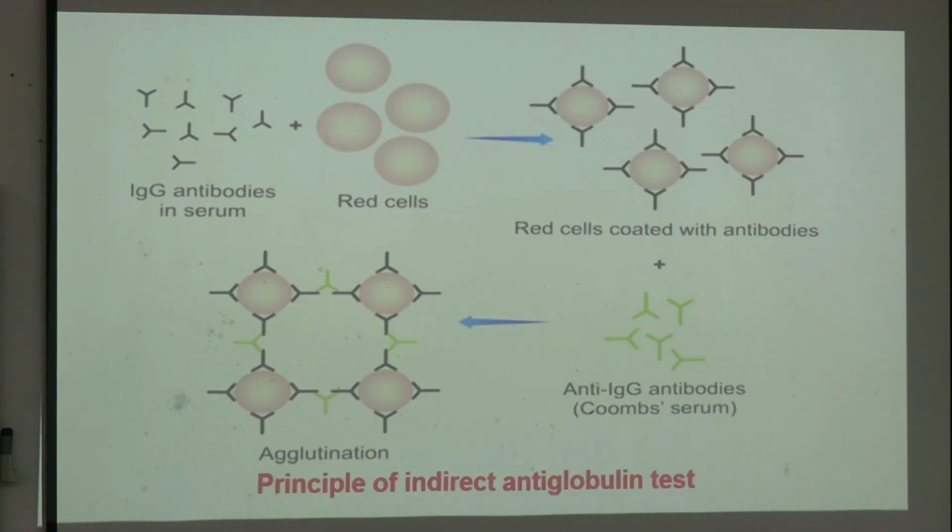So this is the principle of indirect antiglobulin test, where we can see the IgG antibodies in the serum binding to the RBCs, and the red cells are getting coated with the antibodies. Now, on addition of anti-IgG antibodies or the Coombs reagent, there is agglutination. So this is the principle of indirect antiglobulin test.